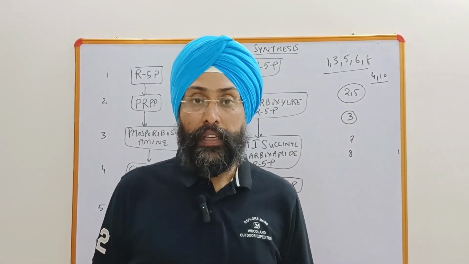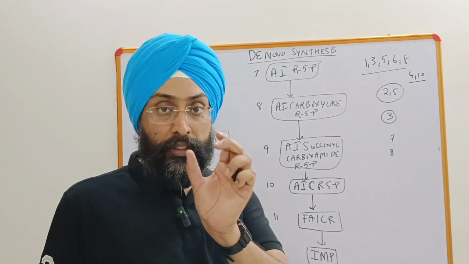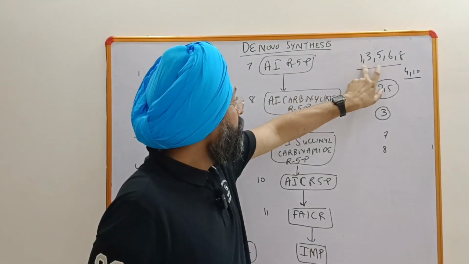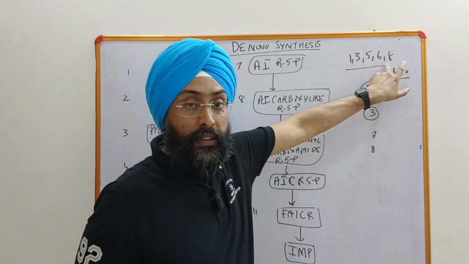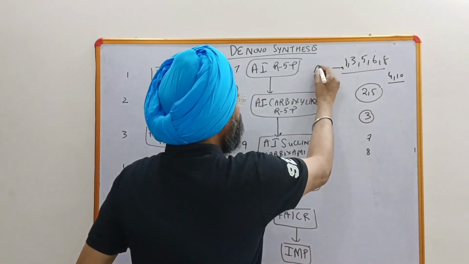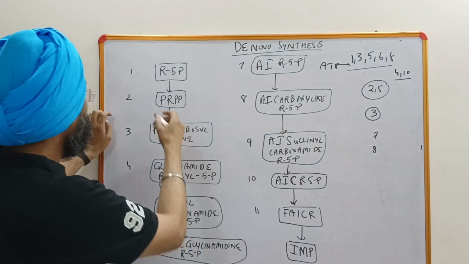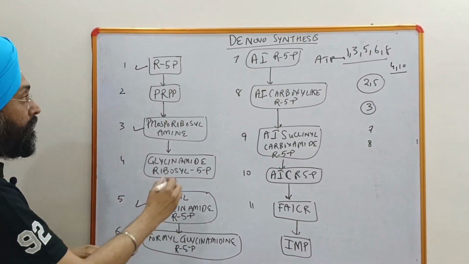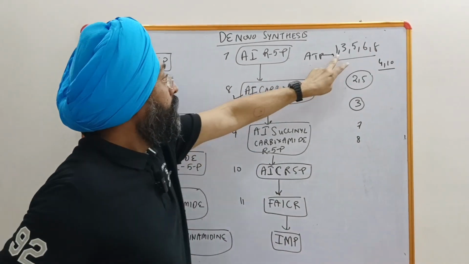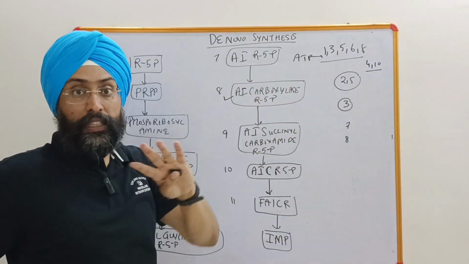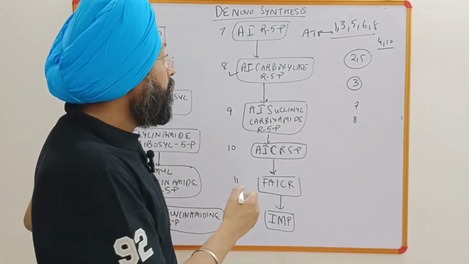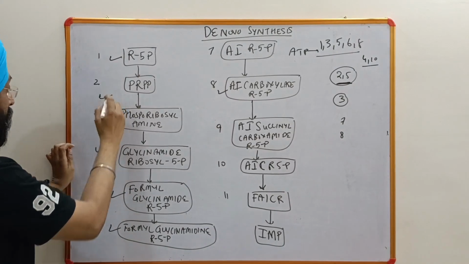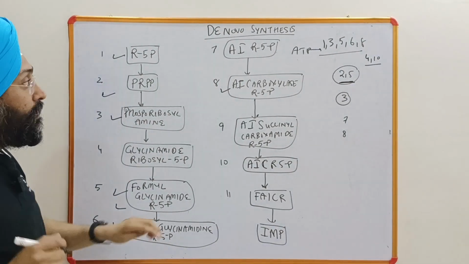Now we have synthesized IMP. So I will give a short mnemonic to remember all these steps. Steps 1, 3, 5, 6 and 8 all require ATP, so the enzyme will be synthetase, right? In the second and fifth steps, we require glutamine, right?